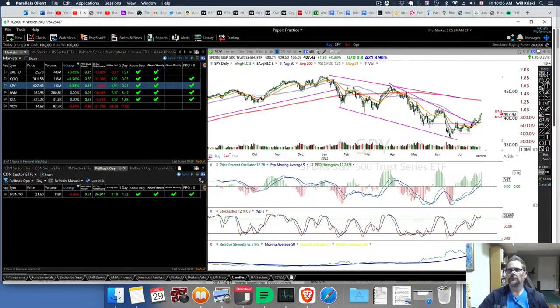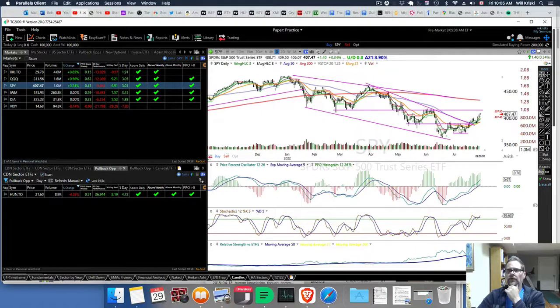I can put a line. It's not an exact science, but you have this rough spot here. But the good thing is that you have higher lows, and you even came back and supported off of the 50 right there. And we're now getting up above the zero line.